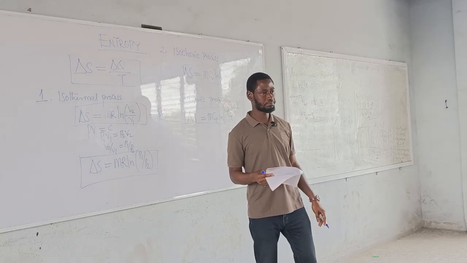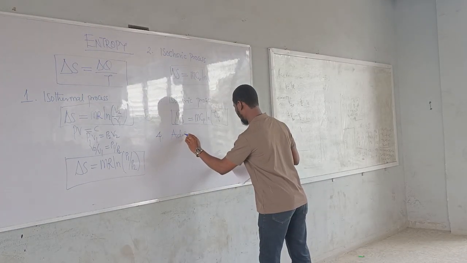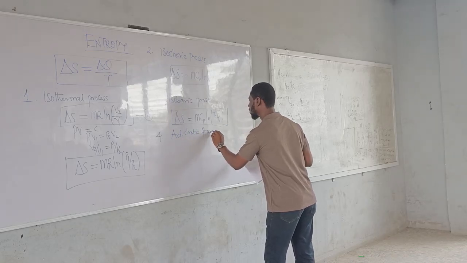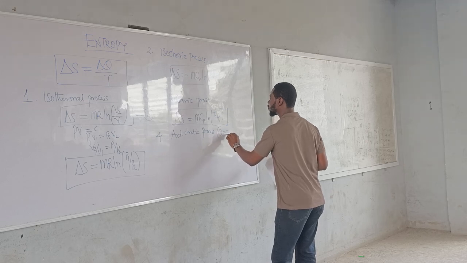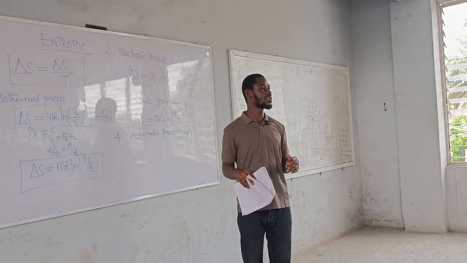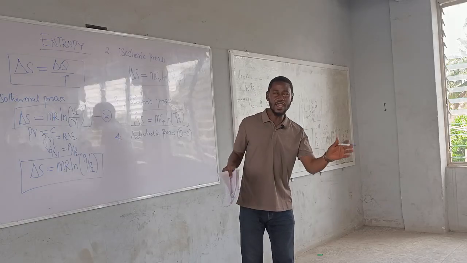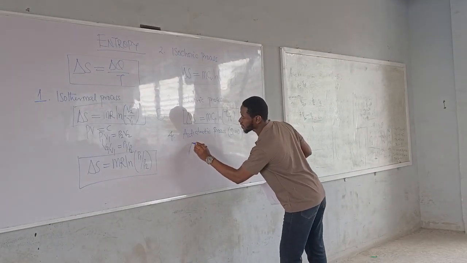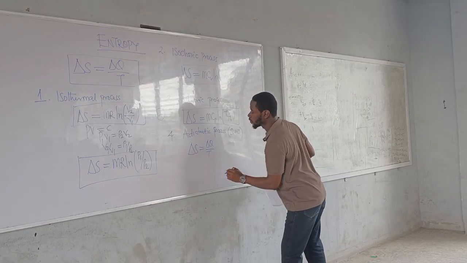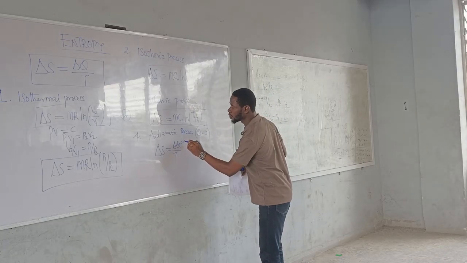We want to look at entropy change in the reversible adiabatic process. An adiabatic process is a process whereby heat is not allowed to come in or leave the system. It is a system that is thermally insulated. So in this case, with the mathematical expression of entropy written as change in Q over T, when heat is not allowed to come in or leave the system, Q becomes 0.